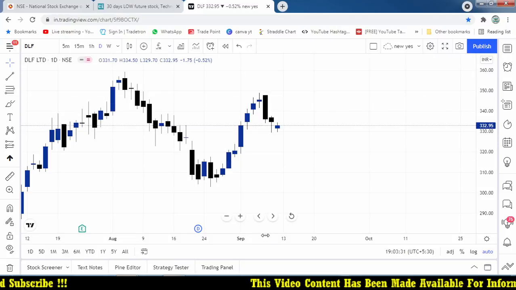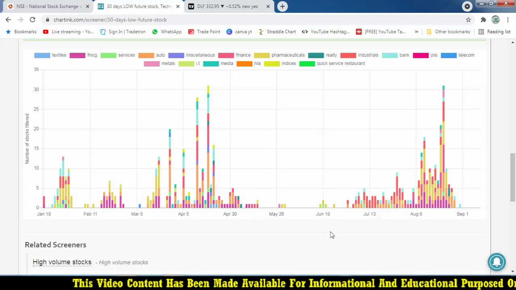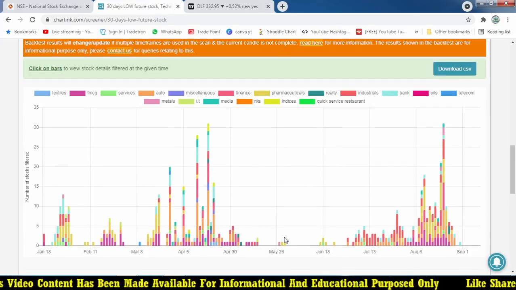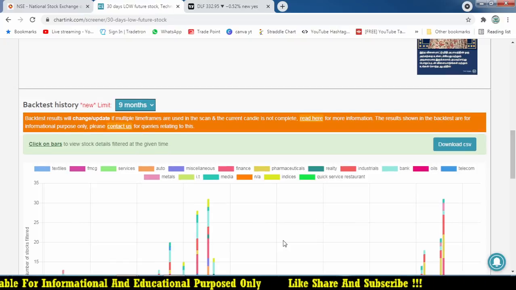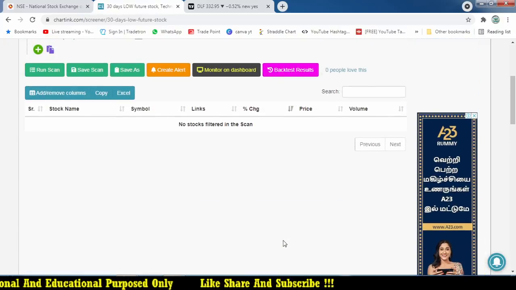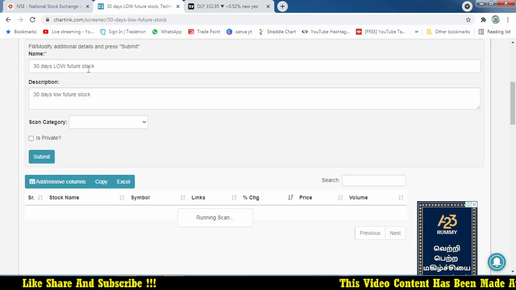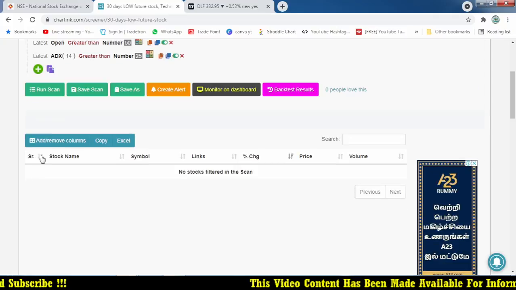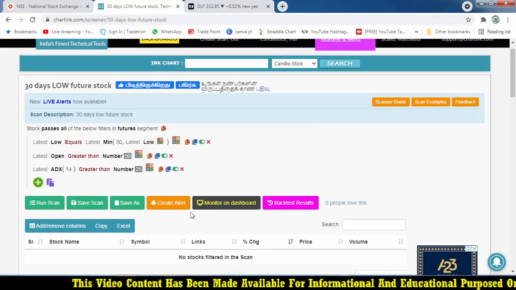So this simple method is going to give you a great result. If you follow this scanner, you are going to make money. I'm going to give this for my 3K subscribers. I need to save the scan, and in the same way we will focus on the high-level stocks.